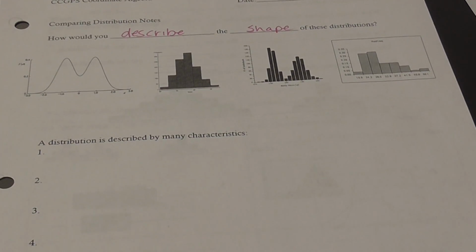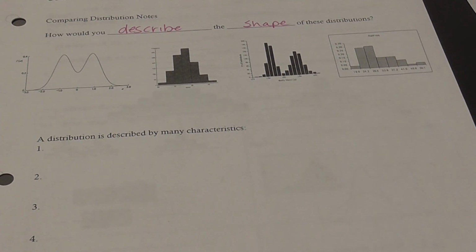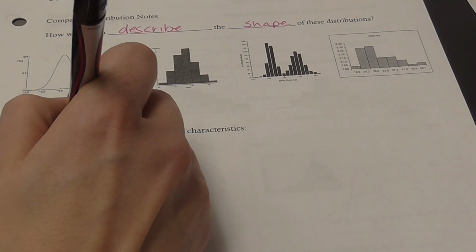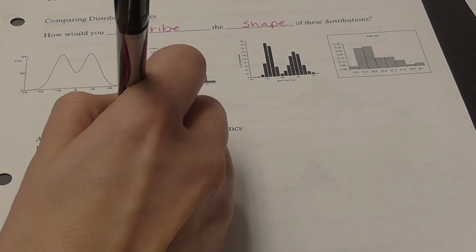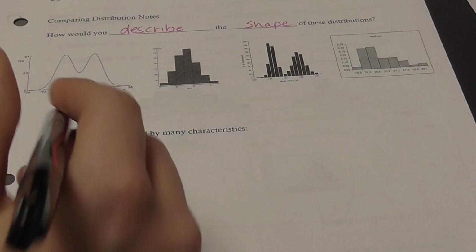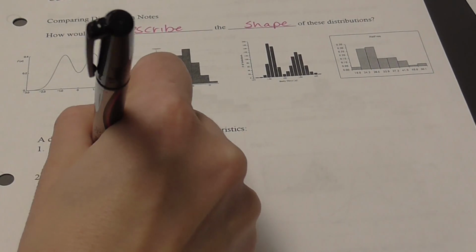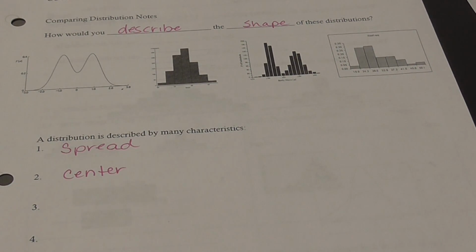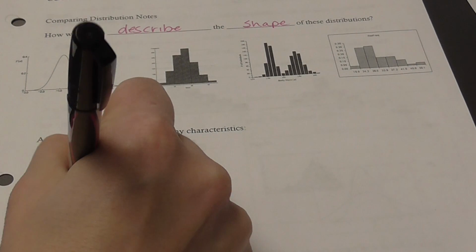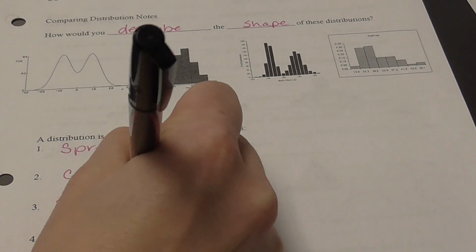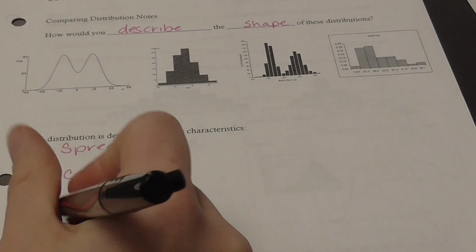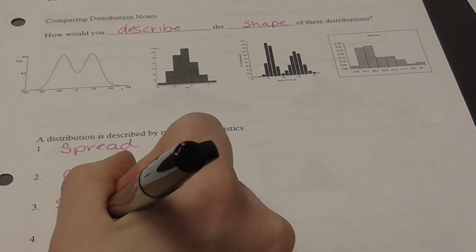Right, so distribution is described by a lot of different characteristics. One of those characteristics is how it is spread out, so its spread is one characteristic. Where the center of the data is, that's another characteristic of how the distribution is described. Another one is symmetry. The number of peaks helps describe the data.